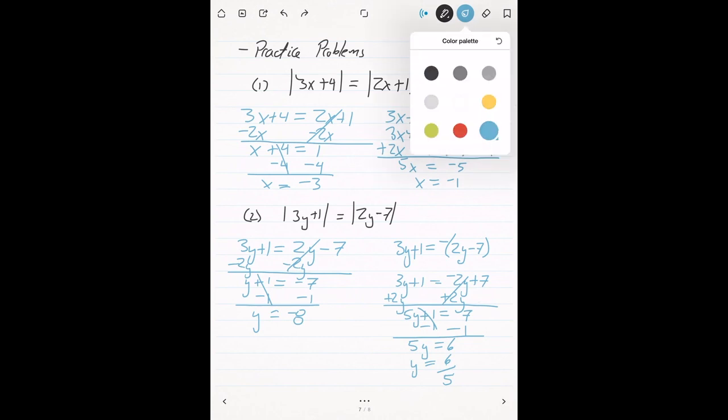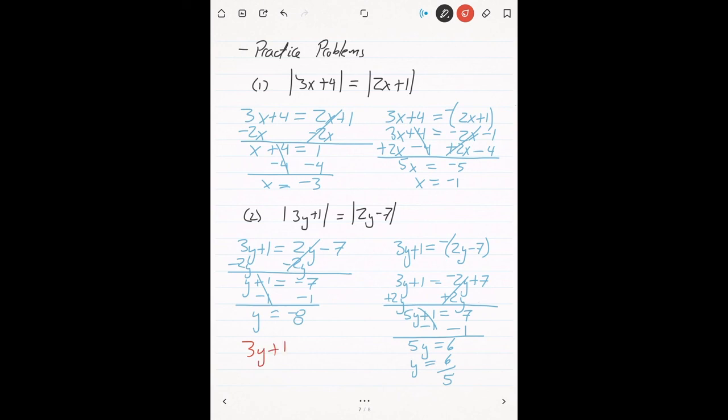Sometimes students think that if they have one quantity equal to the opposite of the other quantity, then they say, okay, instead of having 2y minus 7, I need to have negative 2y minus 7. Sometimes they don't change the negative sign. For some reason, they leave it and say, well, isn't negative the opposite of an absolute value?